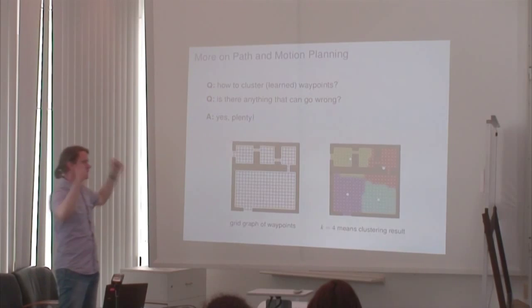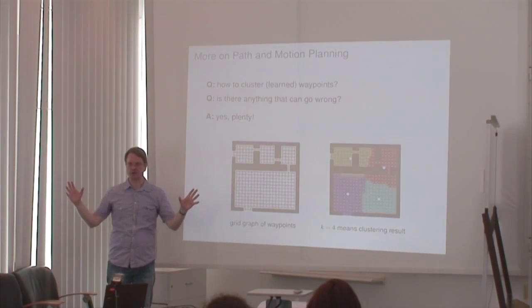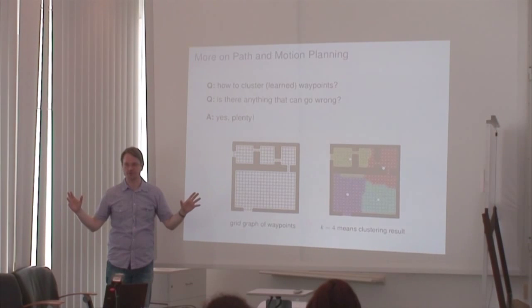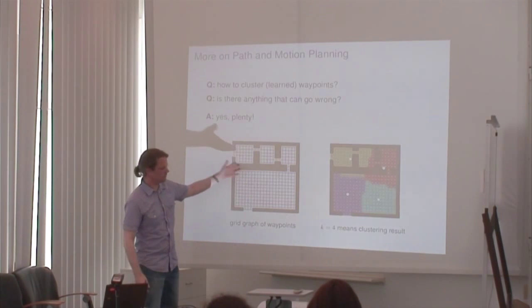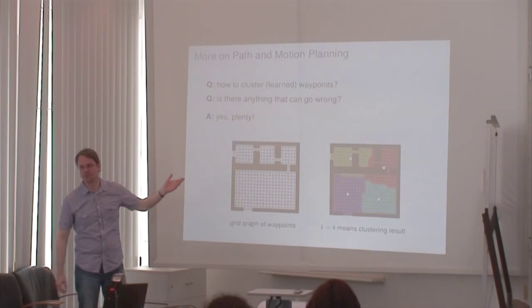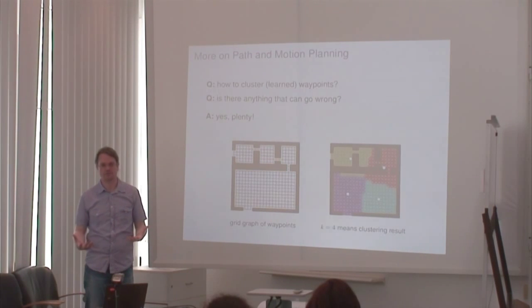Right? So let's cluster the waypoints using k-means as everybody does in practice. Oh, we run into a problem. These are 4 rooms, so why shouldn't I run k-means with k equals 4 here? We want to find 4 clusters.